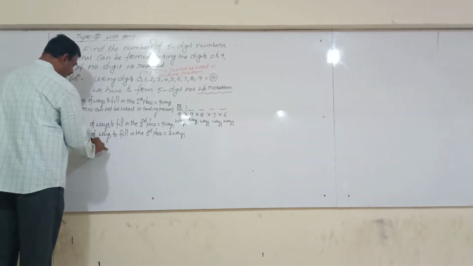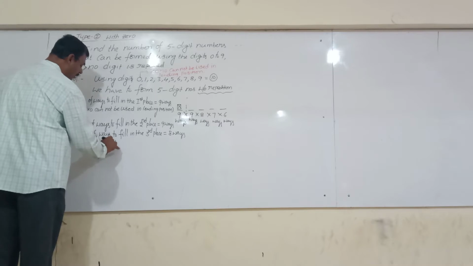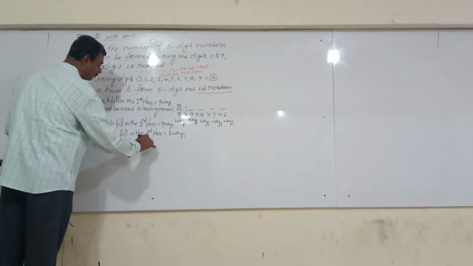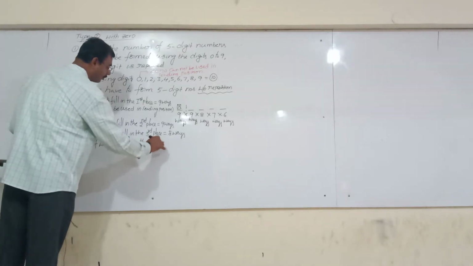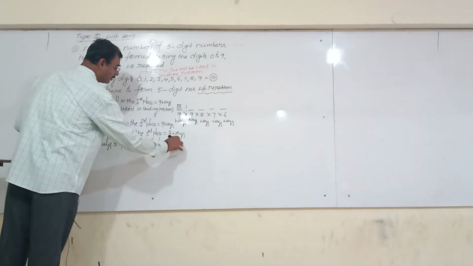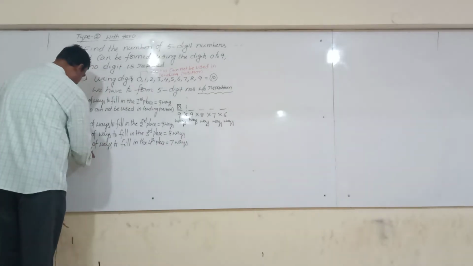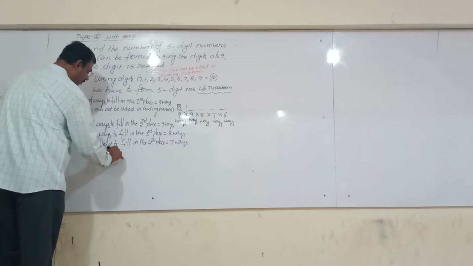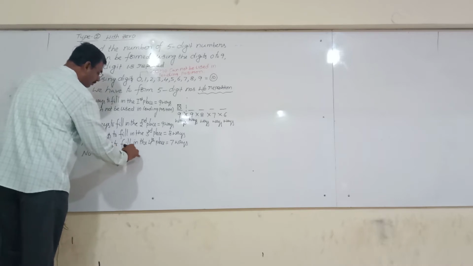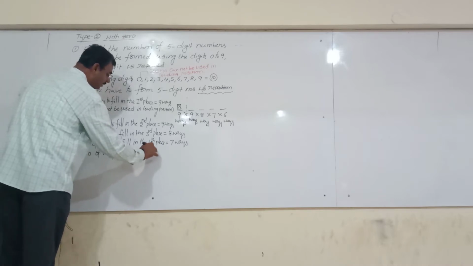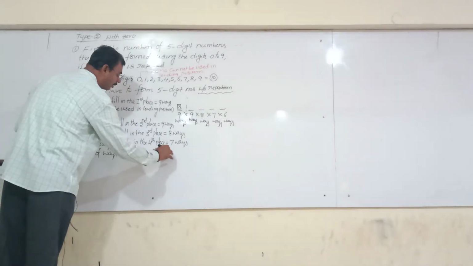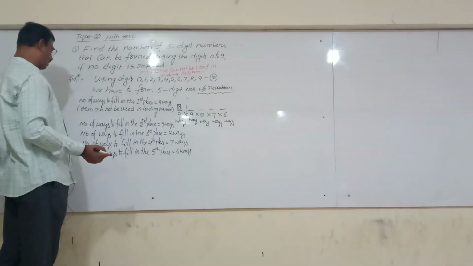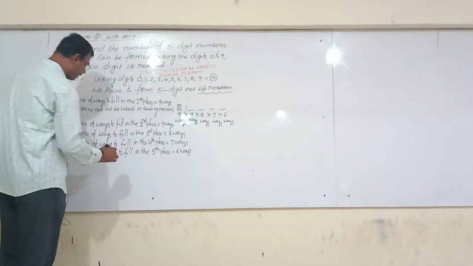Number of ways to fill in the fourth place is equal to 7 ways. Number of ways to fill in the fifth place is equal to 6 ways. Finally, what to do? Using the multiplication rule.